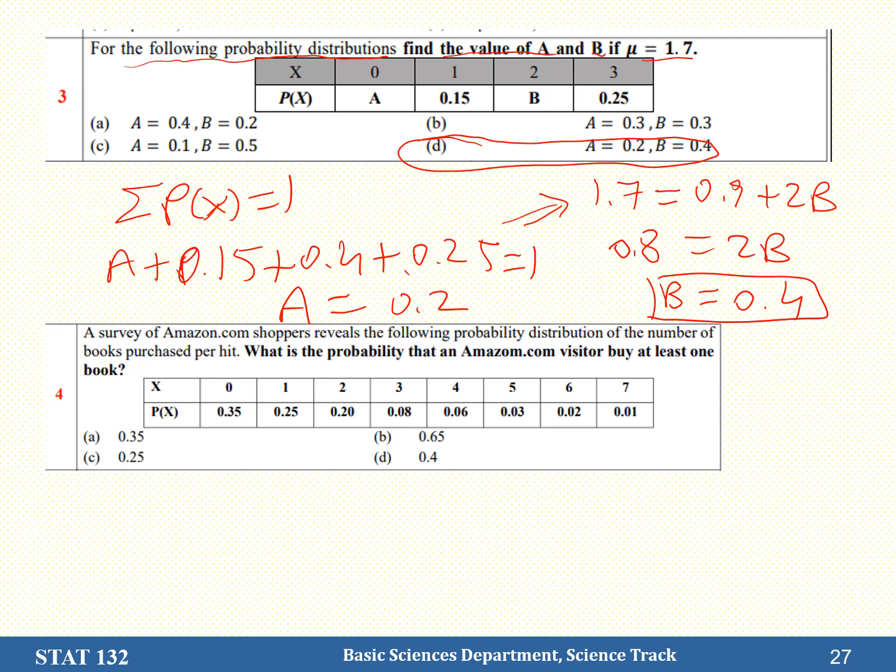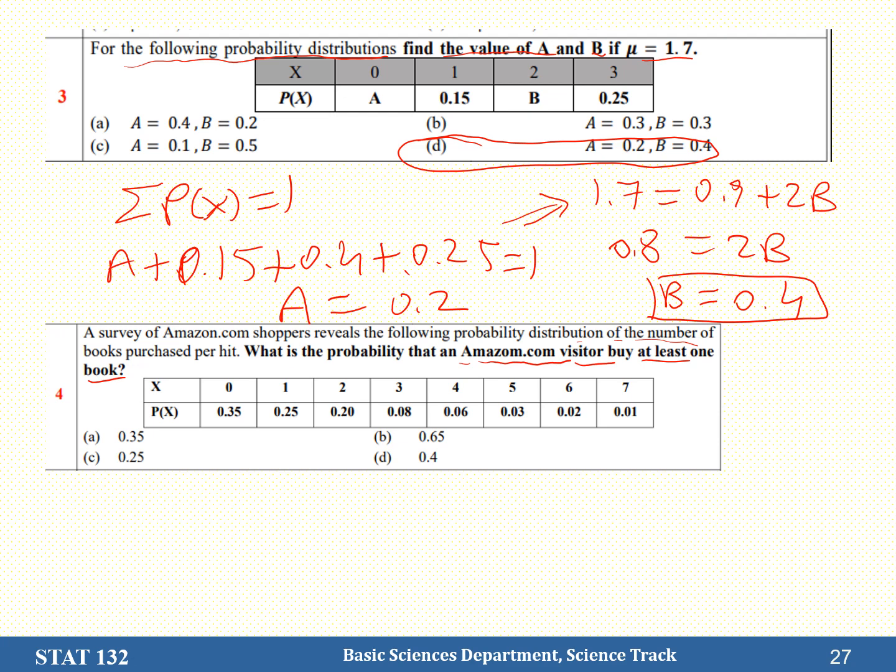Now, a survey of Amazon.com shoppers reveals the following probability distribution of the number of books purchased per hit. What is the probability that an Amazon.com visitor buys at least one book?